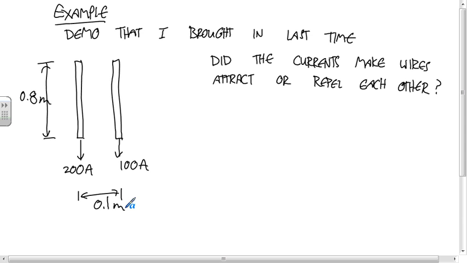Anybody have a strategy for calculating the force of attraction? Essentially our idea is we're going to choose one of these to be our chosen object, and we're going to calculate the force on that chosen object. Anybody have an overall strategy for how to come up with the magnitude of the force?